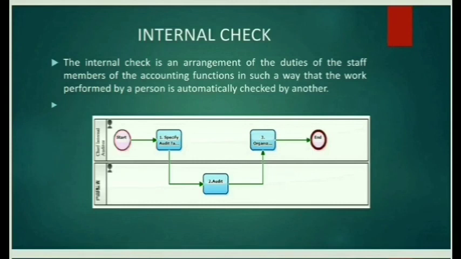They will try to give effective work. And the third important advantage in this system is reduction and prevention of errors and frauds. So automatically, when everyone is effective and conscious in their work, the errors and frauds will be reduced, and the efficiency of employees will be increased.